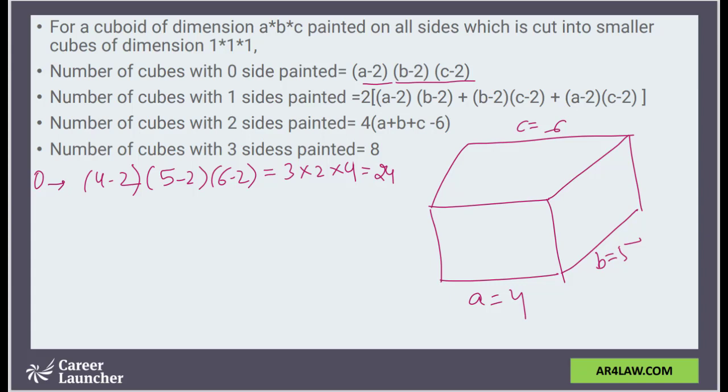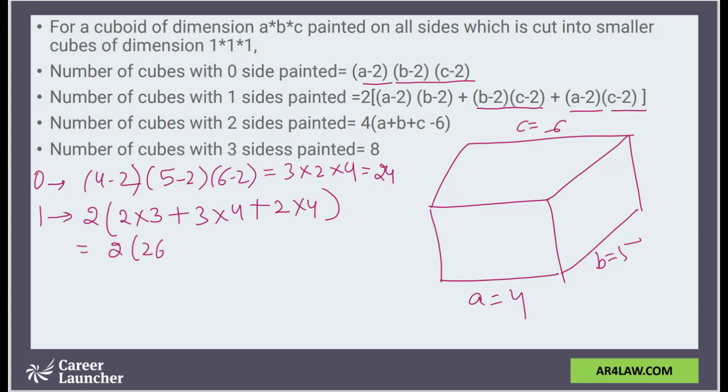Then for the number of cubes with one side painted, we have the formula twice of (A minus 2) into (B minus 2) plus (B minus 2) into (C minus 2) plus (A minus 2) into (C minus 2). So that takes us to twice of 2 into 3 plus 3 into 4 plus 2 into 4. So that's twice of 26, 52.